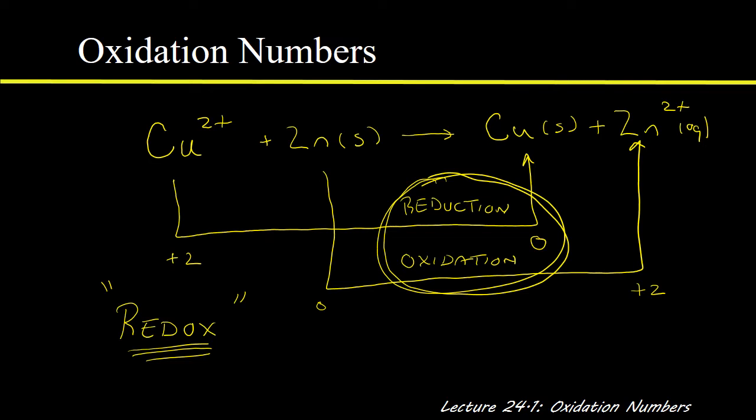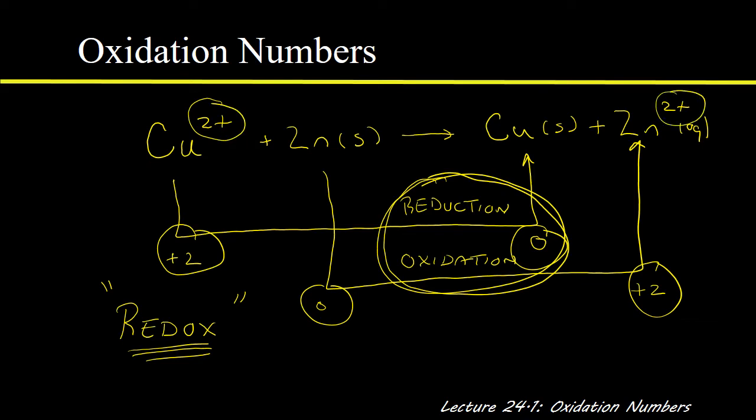So when we're talking about redox reactions, in order to keep track of the transfer of electrons, we need to have these charges so that we can tell who's gaining electrons and who's losing electrons. In this particular case, it's really easy because the copper and the zinc have charges of 2+ in their ionic states, and they have a charge of 0 in their metallic state.